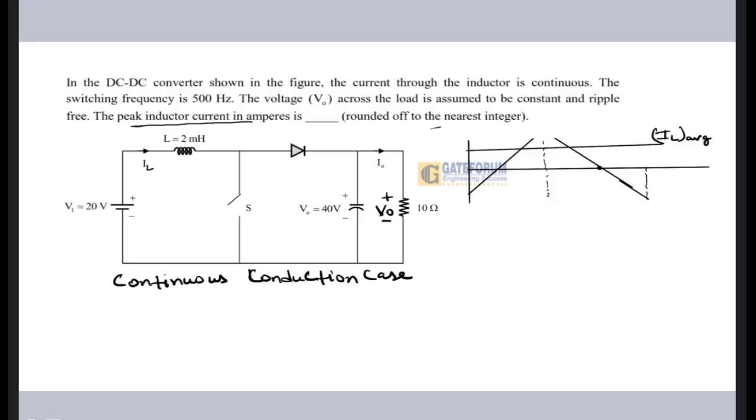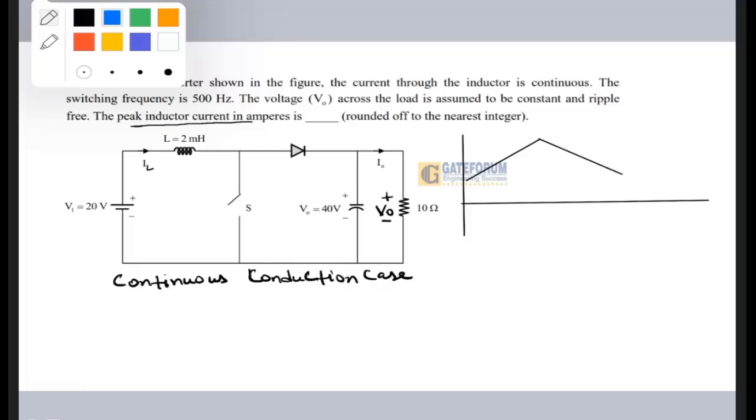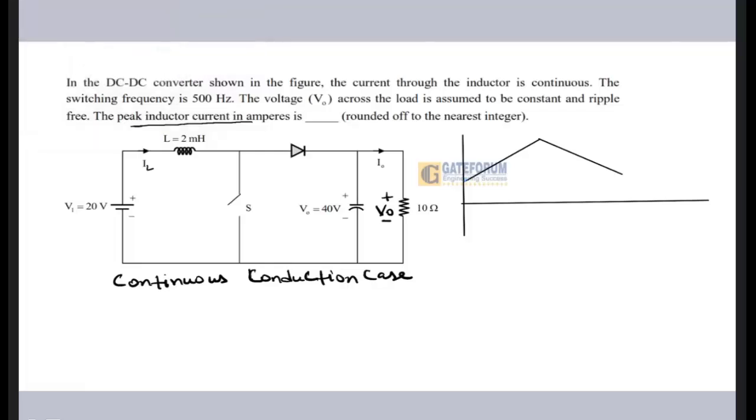So the inductor current will start from here, like this. And I know that my inductor average value is constant.